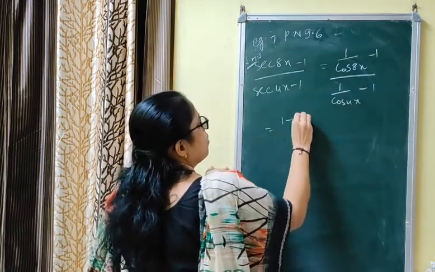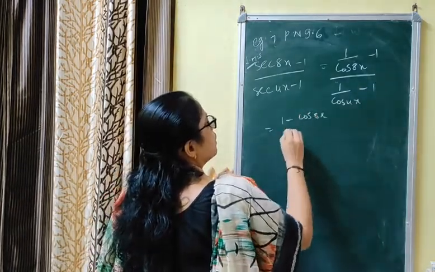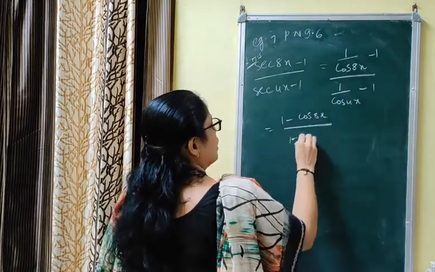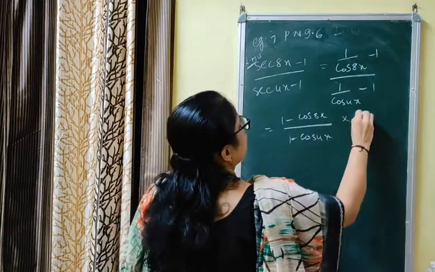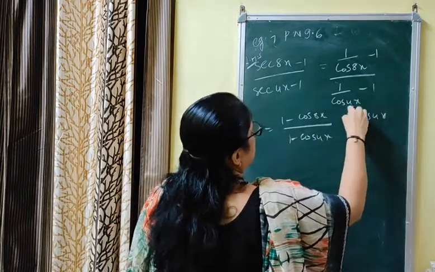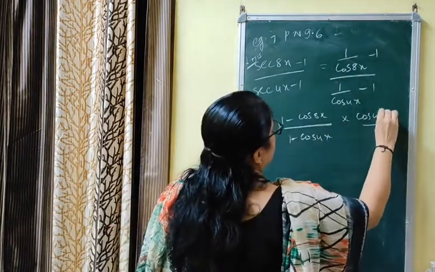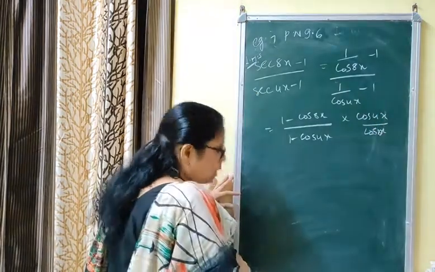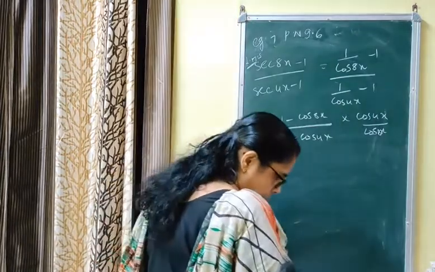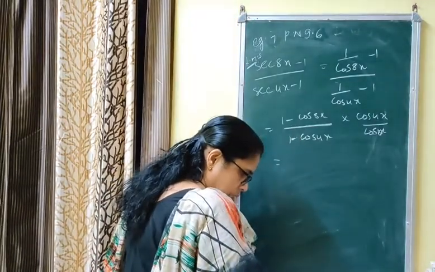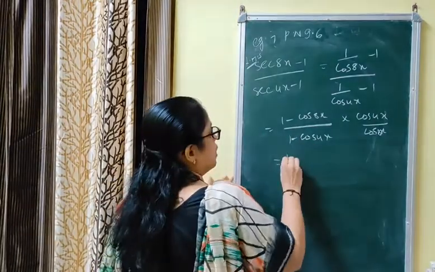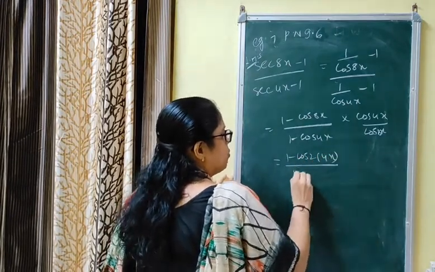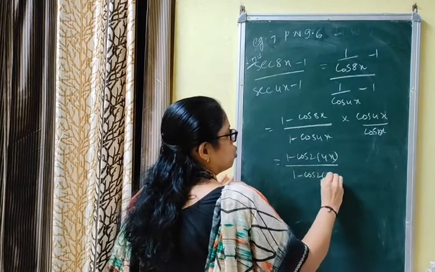That is (1 minus cos 8x) upon cos 8x, and taking the denominator's cos 4x to the numerator, we get (1 minus cos 4x) into cos 4x upon cos 8x. Now 1 minus cos 8x, we can write as 1 minus cos 2 into 4x.